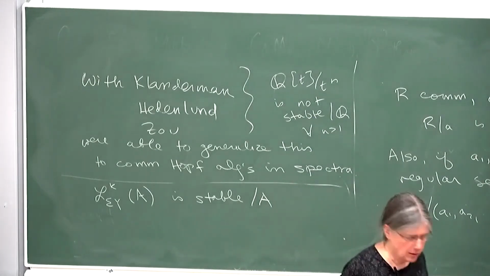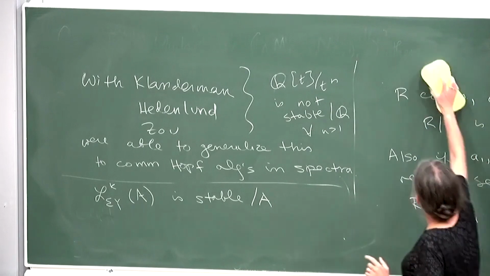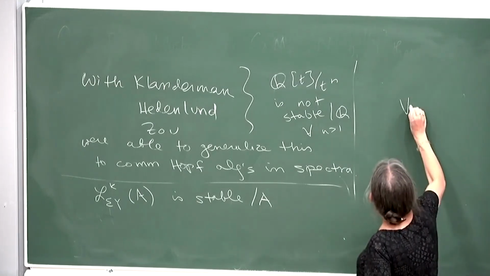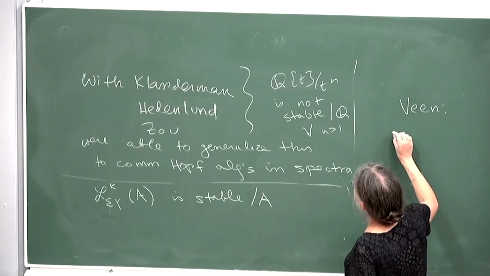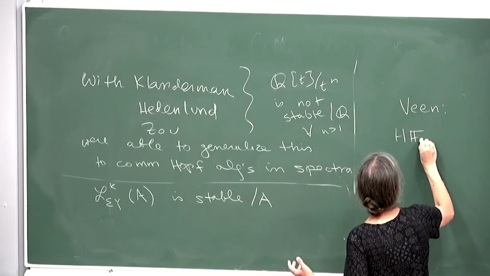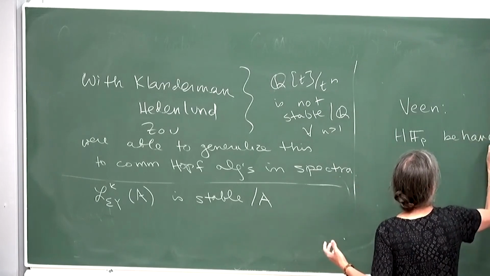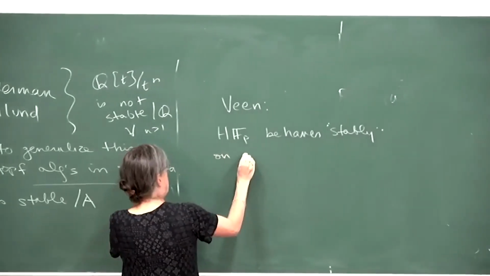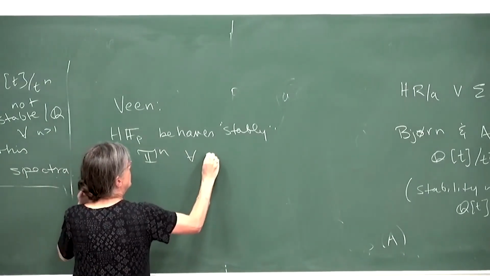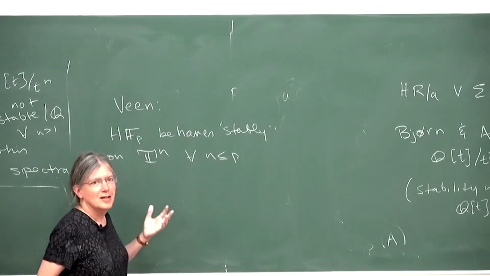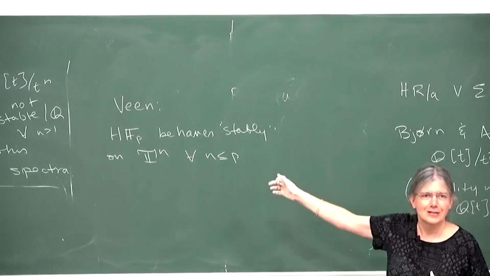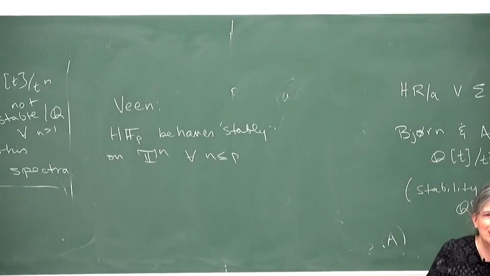So I should write also that Bjørn's student Vane, that we talked about in the beginning, showed that HF_p behaves stably on T^n for all n less than or equal to p. But somehow we haven't found the trick to move us from the discrete world to the spectral world. So we wonder if HF_p is stable over S.